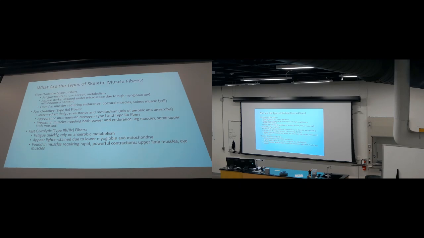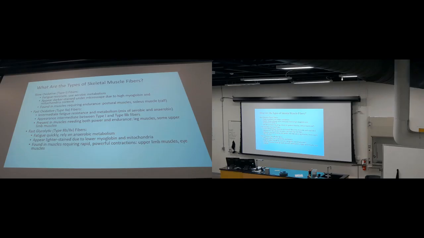These ones are intermediate in fatigue resistance and metabolism, so they can have aerobic and anaerobic metabolism. And they look in appearance between type 1 and type 2B fibers, which are the fast glycolytic fibers. So we have them in muscles that require power and endurance, like our leg muscles, and some upper limb muscles, like the biceps.